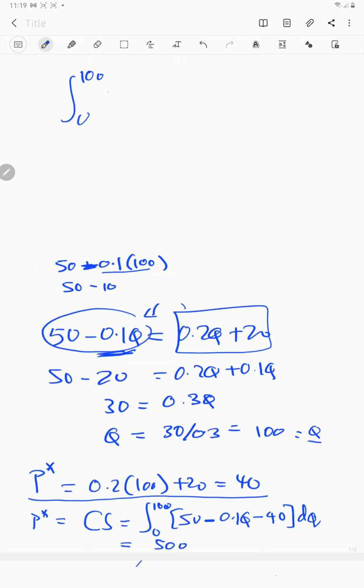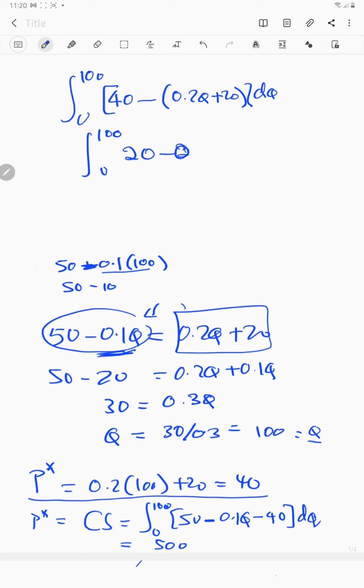Then it will be 40 minus 0.2q plus 20, times dq. If you simplify, it is the integral from 0 to 100 of 20 minus 0.2q dq, which gives us a value of 1000 if you solve.